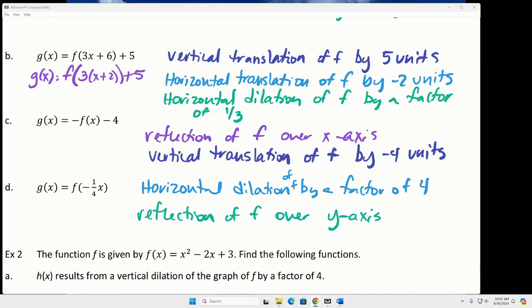Right, so that -1/4 is going to make f 4 times as wide as the original f and reflect it over the y-axis.